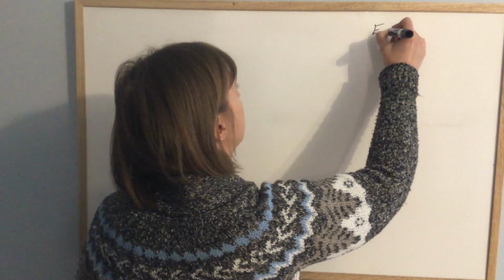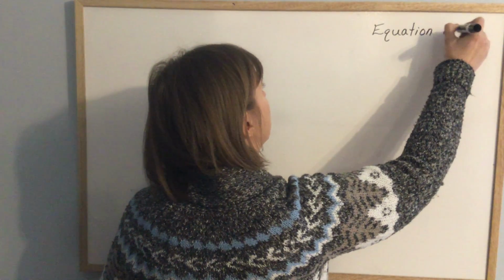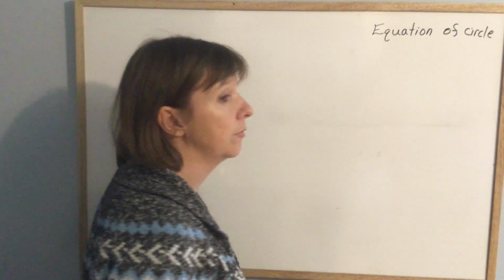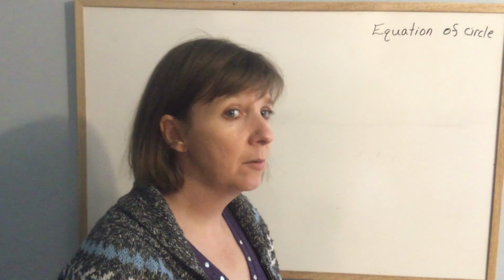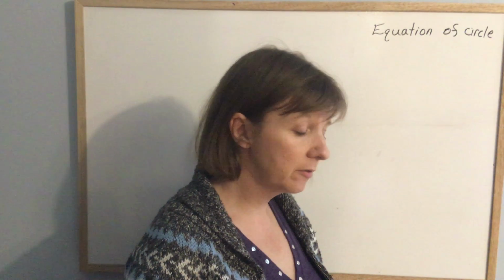They actually give you the equation after, which makes no sense to me. So equation of a circle. And the reason why they give the equation after example 1 is because they're trying to show you why the equation is what it is.